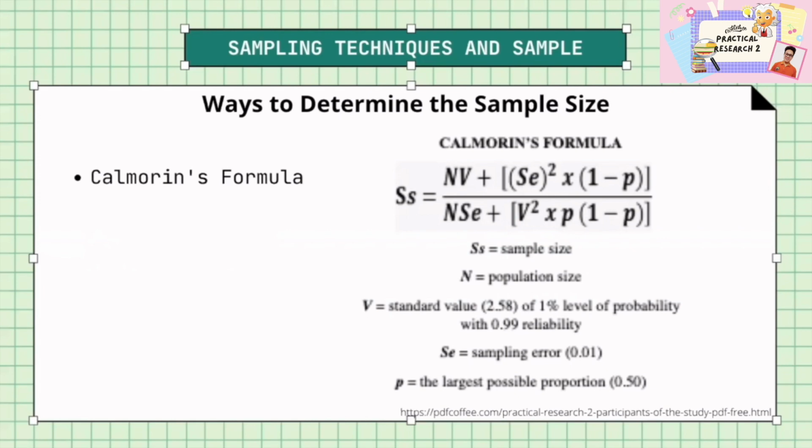Actually, there is a table for Kalmarin's formula that you will find on the internet. You just have to look for the Kalmarin's formula table for computed sample size.